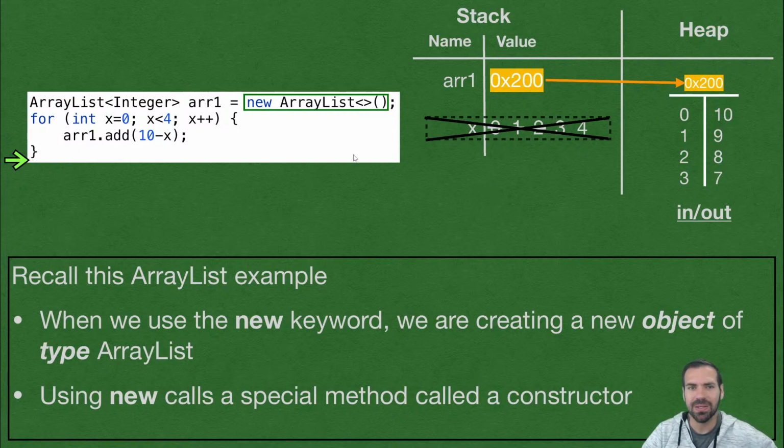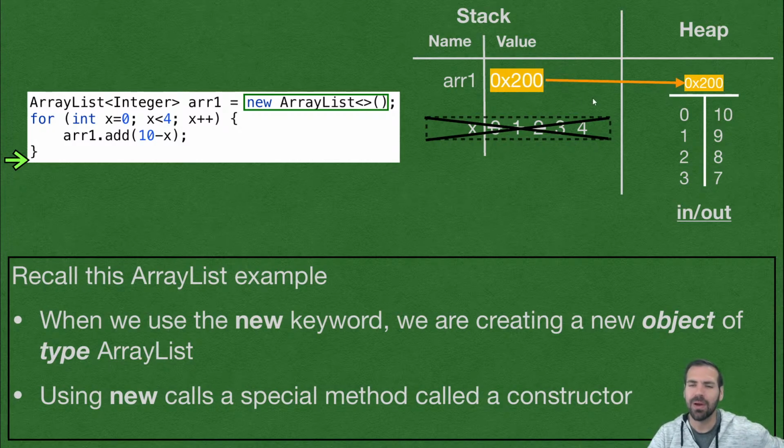That different angle is going to be the ArrayList class as an example. We've been using ArrayList all semester, for a week now. Now that we know about classes, let's take a peek into the ArrayList class and talk about how that works. We created a new ArrayList, and that created an ArrayList object on the heap, and on the stack in our variable R1, we just stored a reference to that ArrayList on the heap.